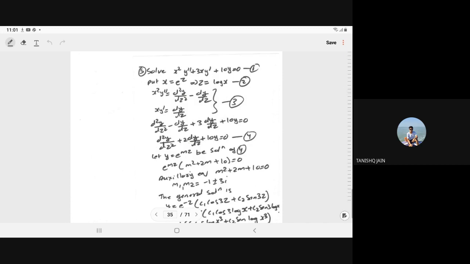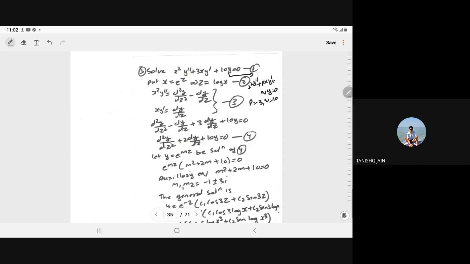Solve x square y double dash plus 3x y dash plus 10y is equal to 0. If you compare with the standard equation x square y double dash plus px y dash plus qy is equal to 0, it is the Euler's equation where p is equal to 3, q is equal to 10.